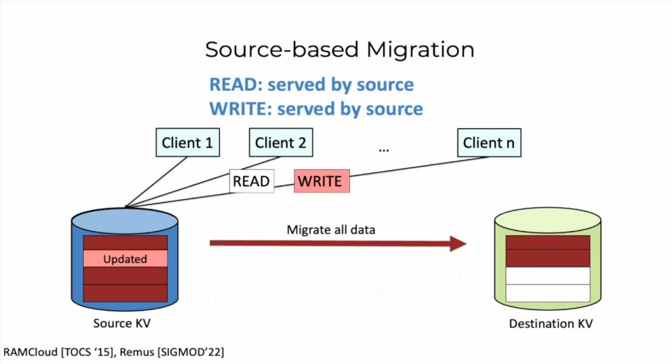However, when a write request arrives at the source, it can update an already migrated key value pair, and thus the source has the updated value, but the destination has the stale value. So the source-based migration protocol collects the dirty data logs in the source and sends them to the destination.